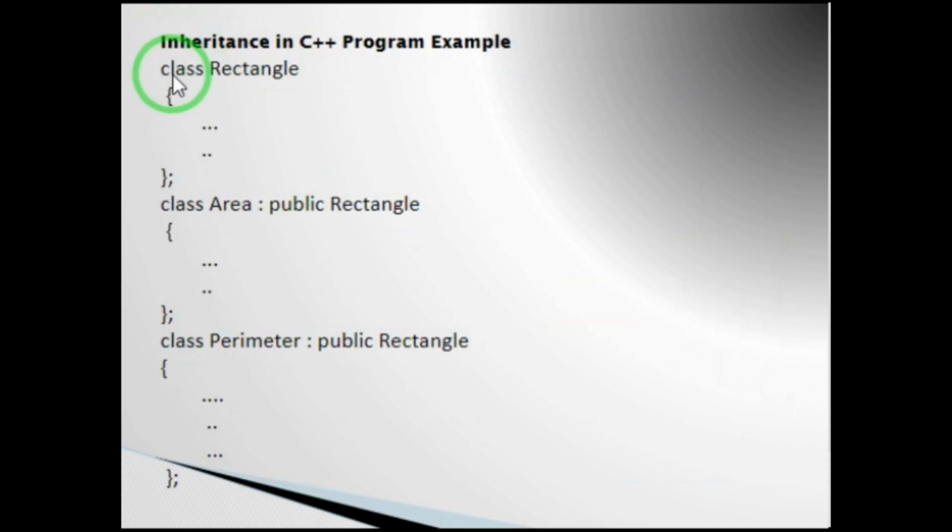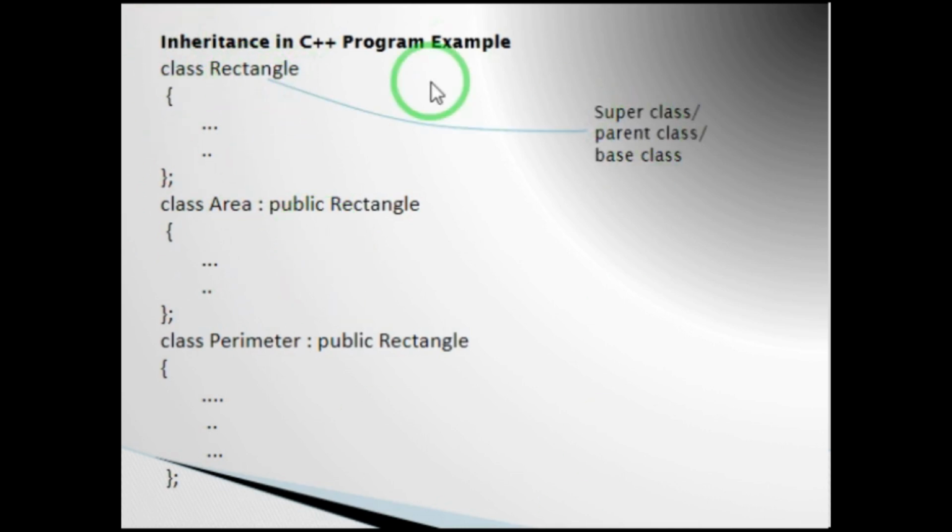So dear student, class rectangle. This is the base class, rectangle. Here, rectangle is known as the superclass, parent class or base class. Now next we are going to declare a derived class, and we already discussed the derived class syntax.